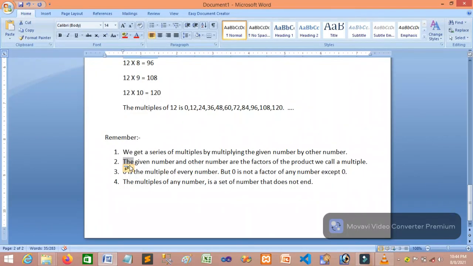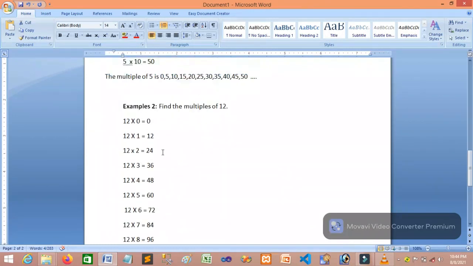Then the second point: the given number and the other number are the factors of the product we call a multiple. If you take the second example we talked about, 12 is the given number, then the other numbers are the factors of this multiple. I already told you, in this case 12 and 1 are the factors of 12.